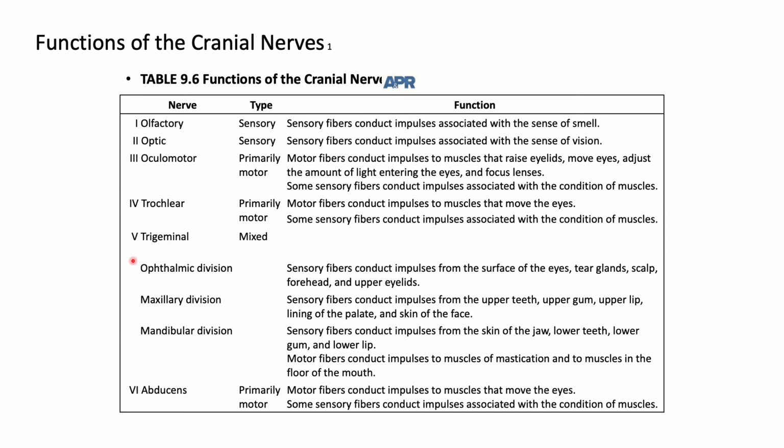Cranial nerve number 5 is called the trigeminal nerve. The important function of cranial nerve number 5 is to provide sensory information to the face and also provide motor input to muscles involved in chewing, or mastication.